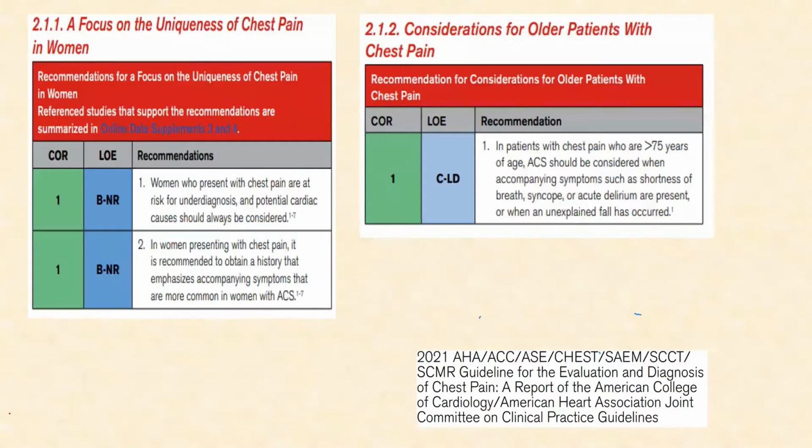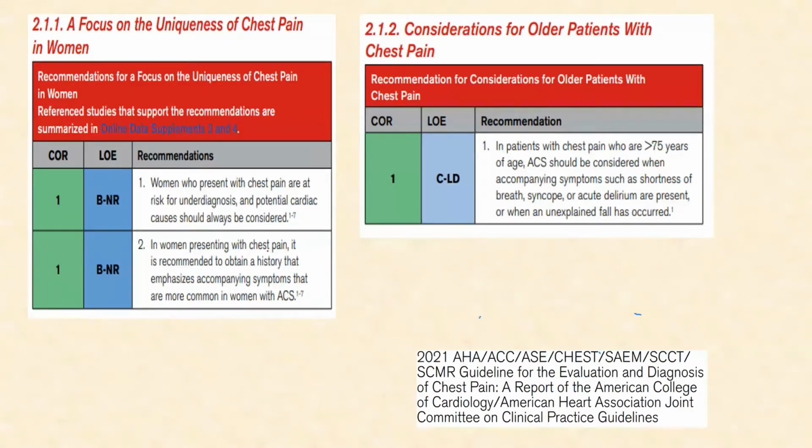Now, women who present with chest pain are at risk for underdiagnosis, and a potential cardiac cause should always be considered. Women are most likely to present with atypical presentation than their male counterparts. That's why you have to be aware of the atypical nature of chest pain in females.